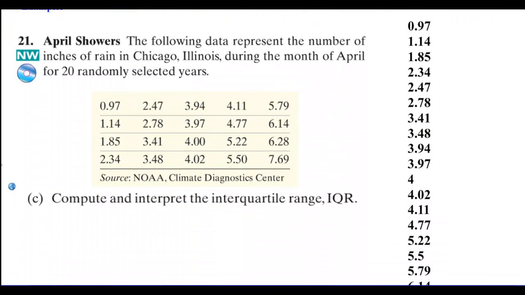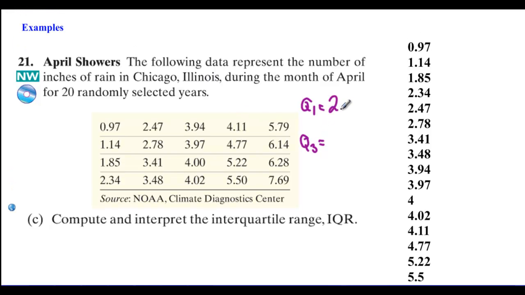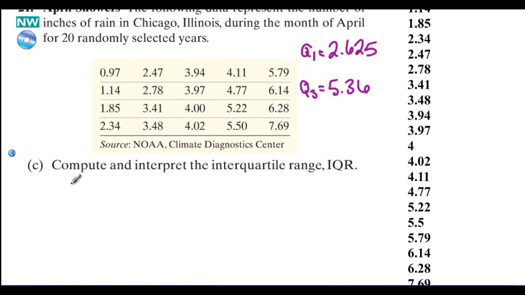So again, we're back to our April showers with all 20 of our data points. And we had our Q1 and our Q3. So our Q1 was 2.625 and our Q3 was 5.36. So the IQR, we're just going to subtract.